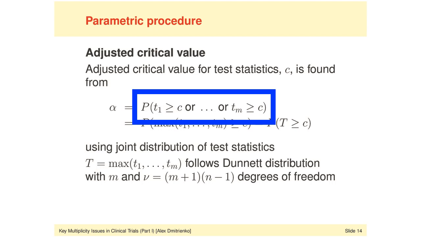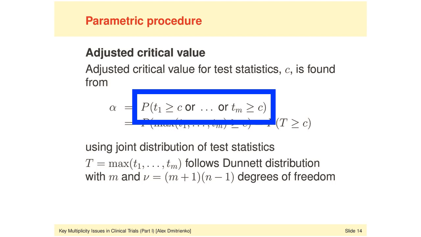It's the probability that at least one test statistic is greater than or equal to the common adjusted critical value. It is denoted by C, and therefore this probability is the probability that the uppercase T is greater than or equal to C, and the uppercase T is the maximum test statistic.